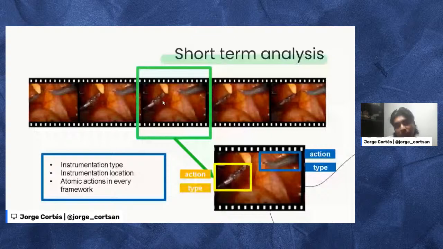The AI code takes a frame and analyzes it to get the instrumentation type, the instrumentation location, and the atomic actions. For example, these atomic actions can be like cut the human tissue, hit the human tissue, or burn the human tissue.